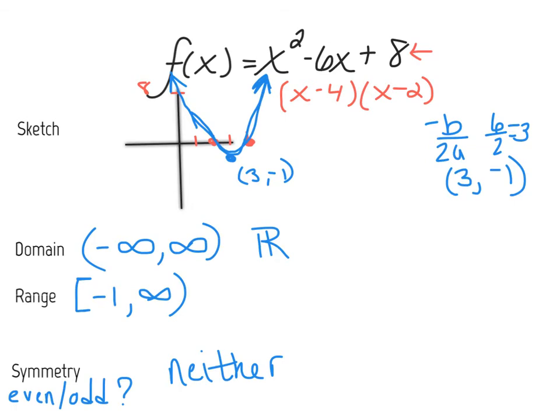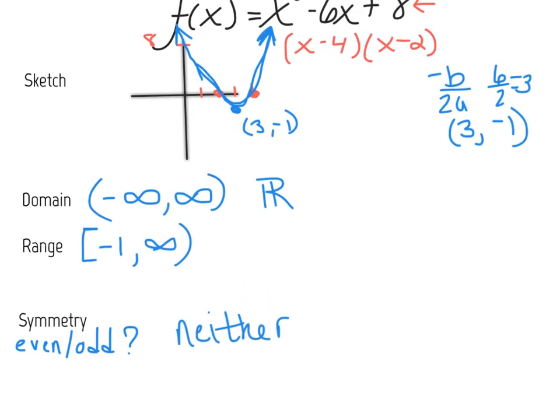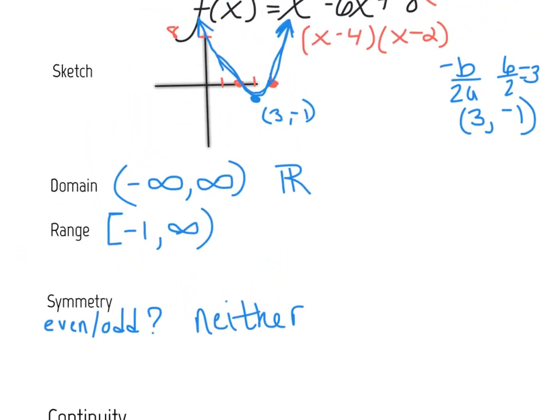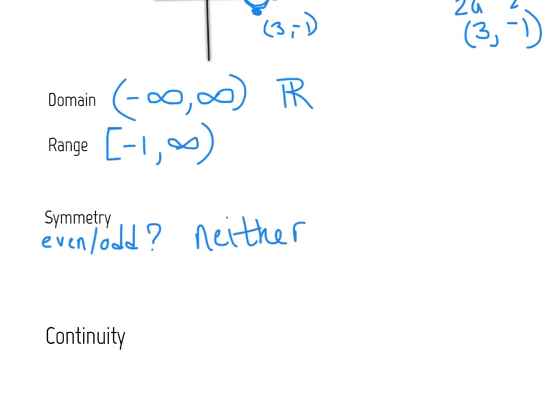Okay. Next, we are asked if it is continuous. So the continuity here is it's continuous. There's no discontinuity. Next, I want to know where it is increasing versus decreasing.